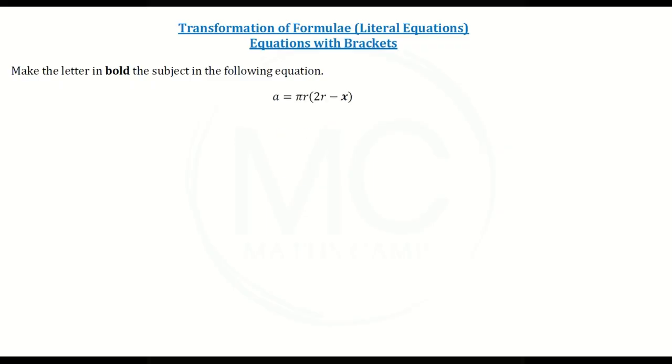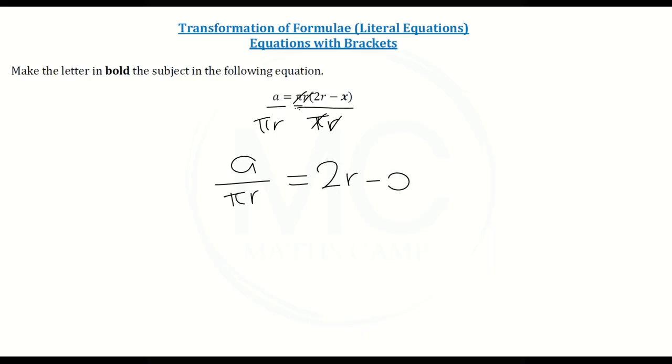Let's do one more. A is equal to pi r multiplied by the bracket 2r minus x. The bracket is multiplied by pi r. So let's start by dividing by pi r. So I can say over pi r over here, and a over pi r on this side. Now on the left, I have a over pi r is equal to, on the right-hand side, pi will cancel, r will cancel, and I'm left with 2r minus x.